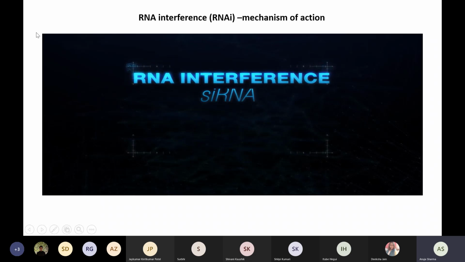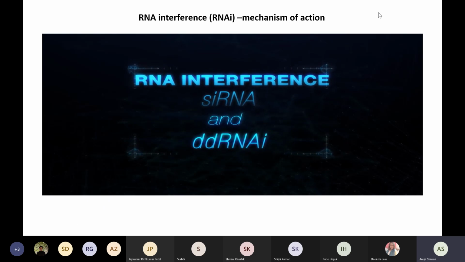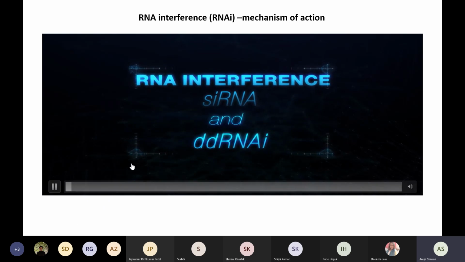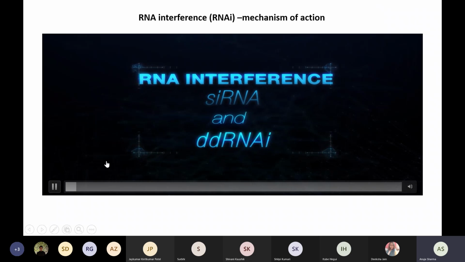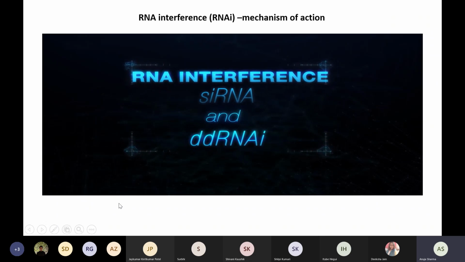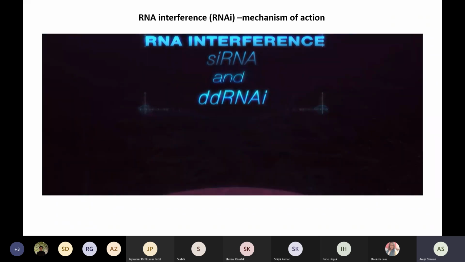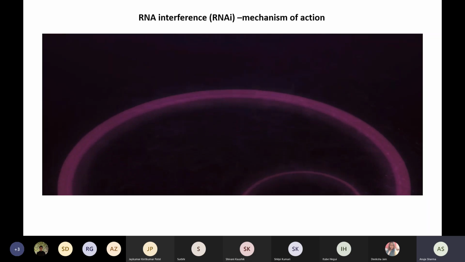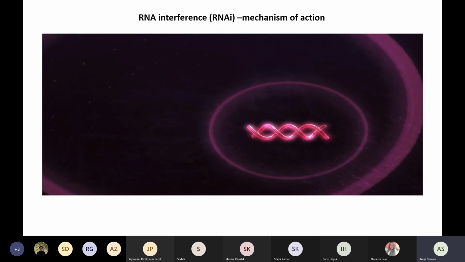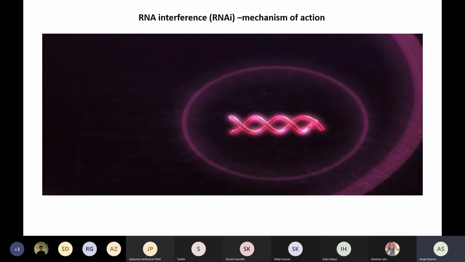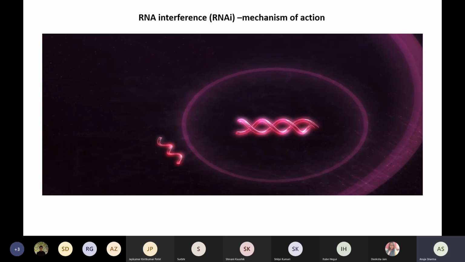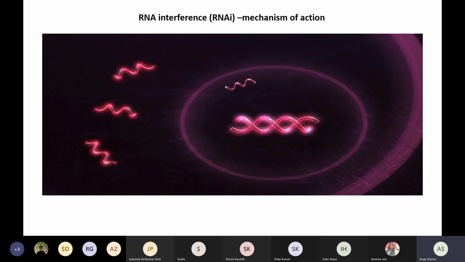This animation explains the unique Benitec ddRNAi technology and how it is different from siRNA, the more commonly used RNAi approach. In a normal cell, genes composed of DNA in the cell's nucleus continuously produce RNA, which codes for specific proteins.